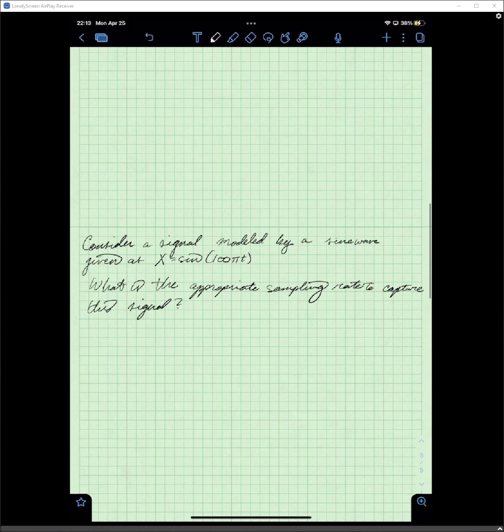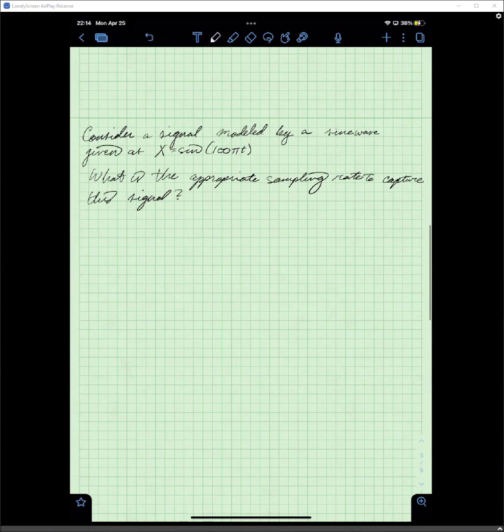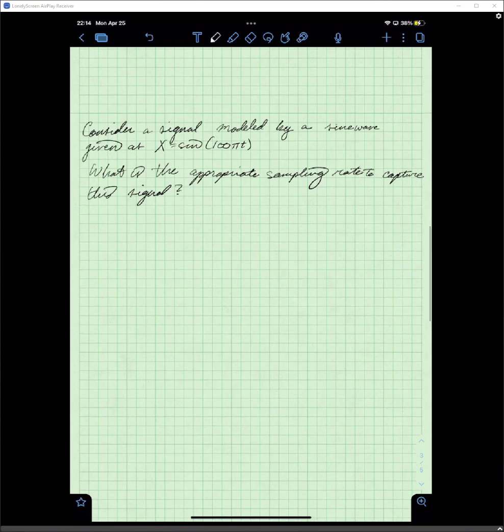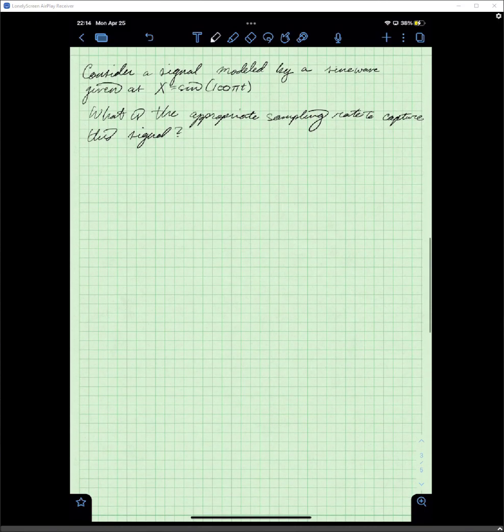So for the next question, a little bit easier. Consider a signal modeled by a sine wave given as x equals sine of 100 pi t, and what is the appropriate sampling rate to capture this signal?